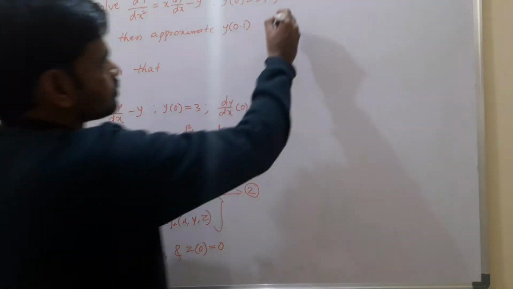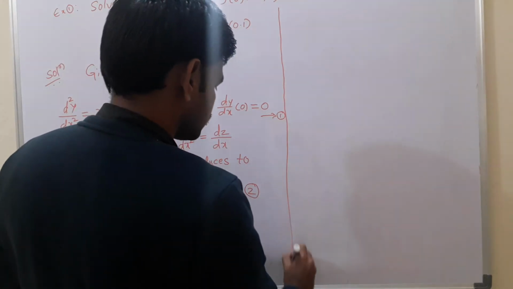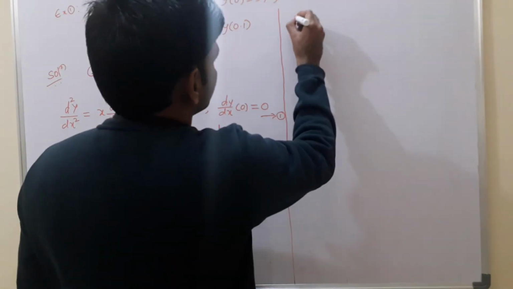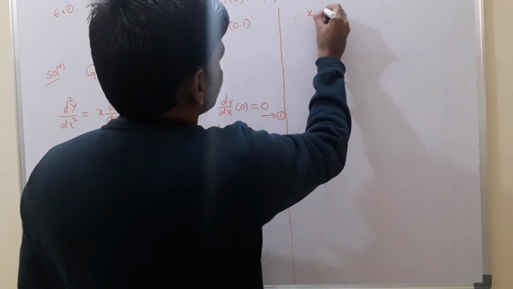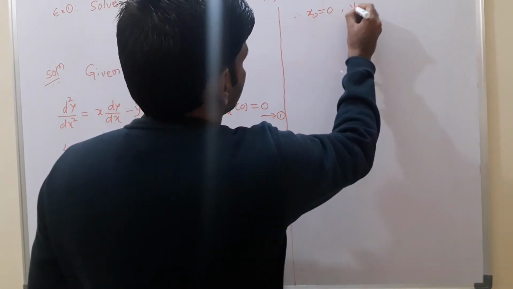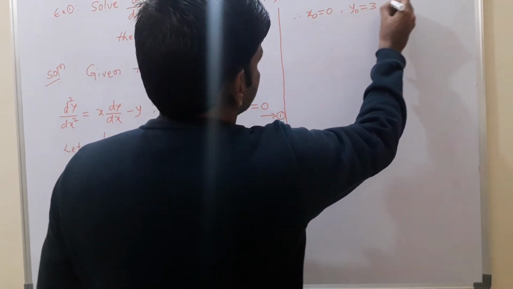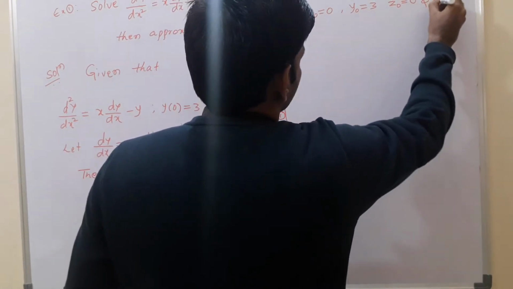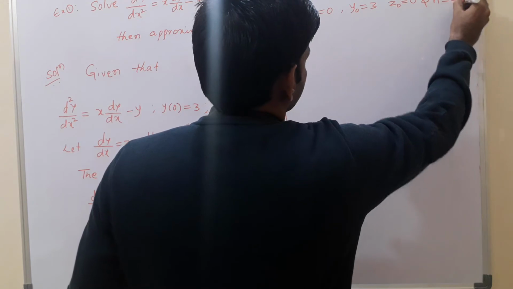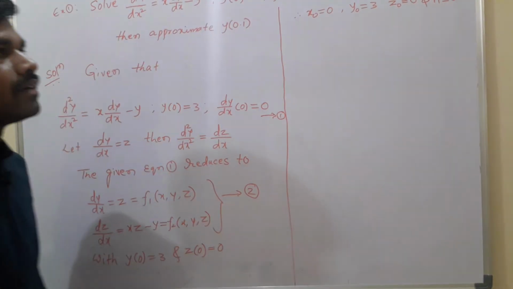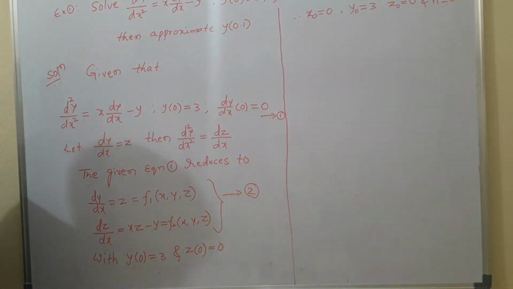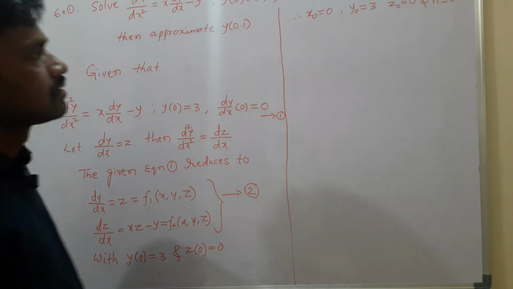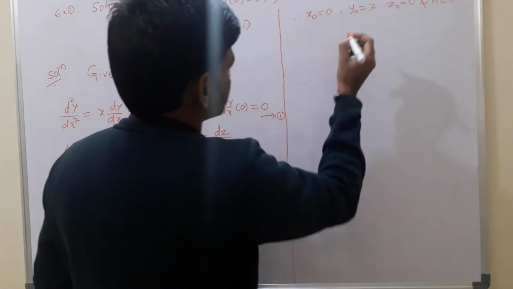Therefore x naught equal to 0, y naught equal to 3, z naught equal to 0 and h equal to 0.1. Then RK method for the fourth order simultaneous equations.